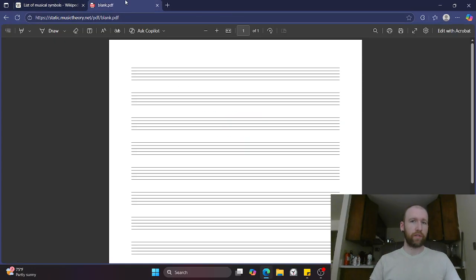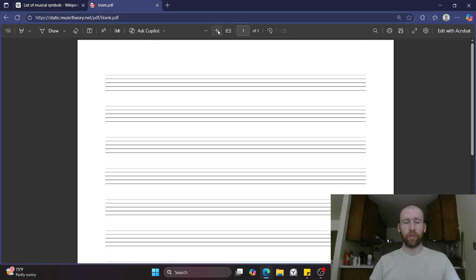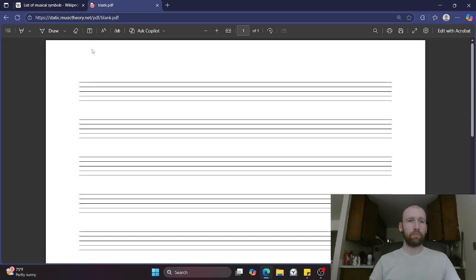So what I'm going to do in this video is take a blank piece of sheet music here in a PDF viewer, and I'm going to add my own notation here that is part of standard sheet music notation. You will see parallels between what I show you here and in standard sheet music.